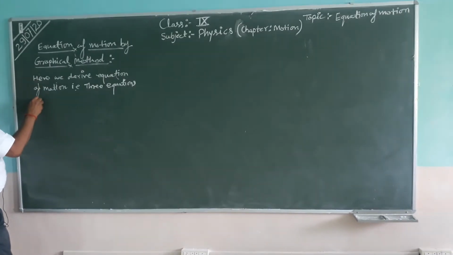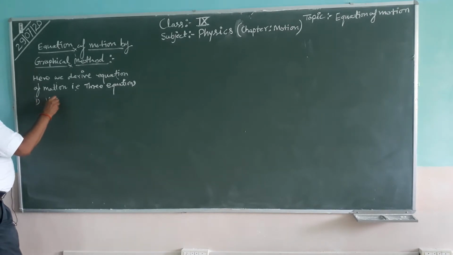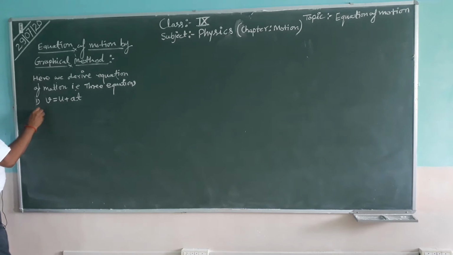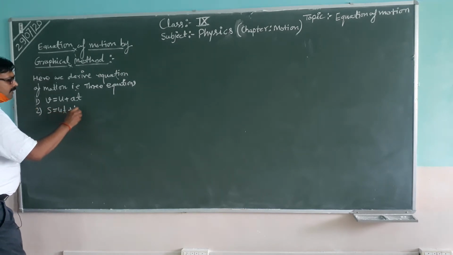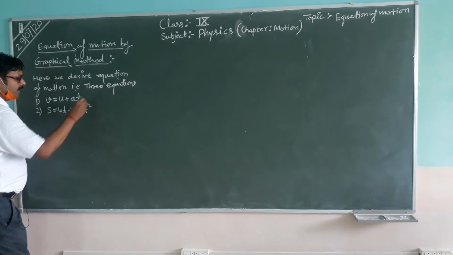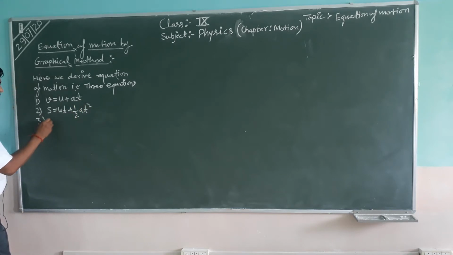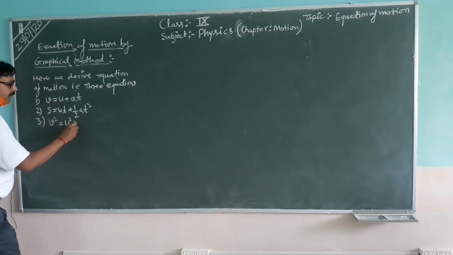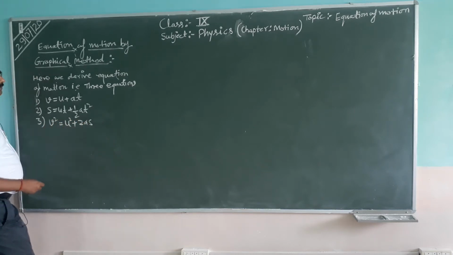Namely, the first one is v equals u plus at, the second is s equals ut plus half at square, and the third one is v square equals u square plus 2as.